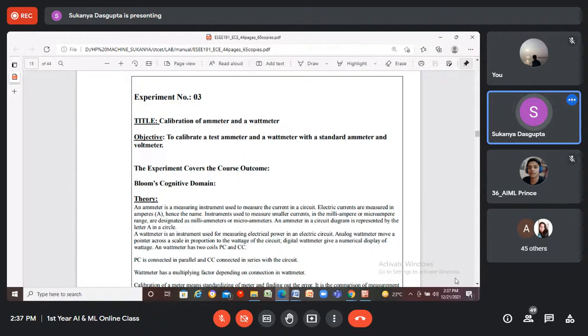Okay, so there are many types of errors in the measurement of different types of parameters like voltage, current, and power. So, calibration is highly required to check all these factors.